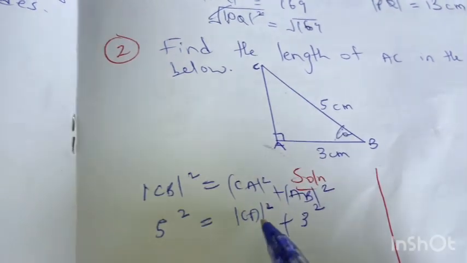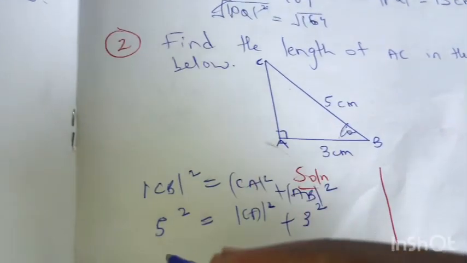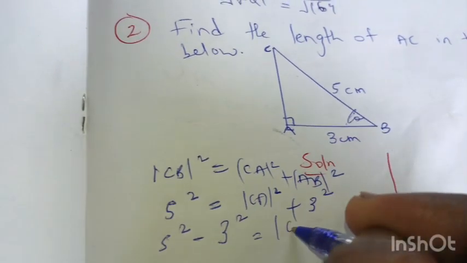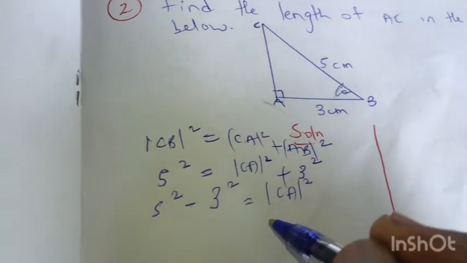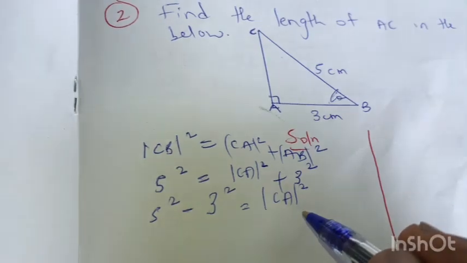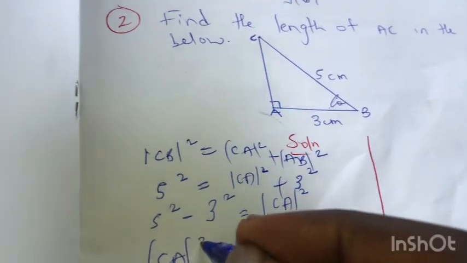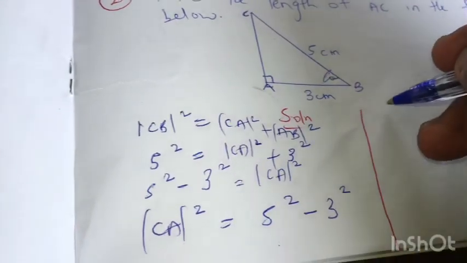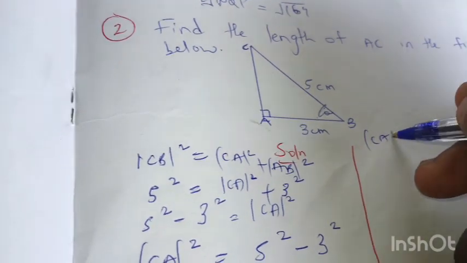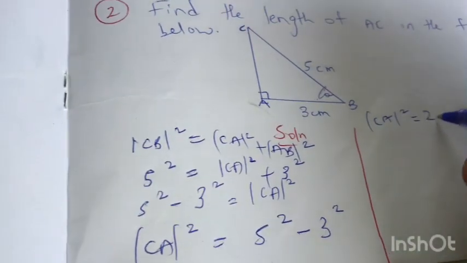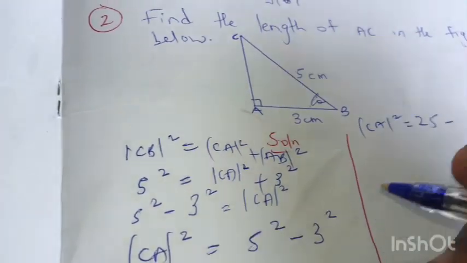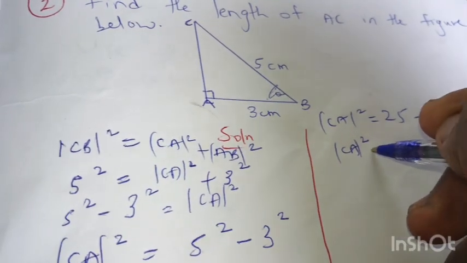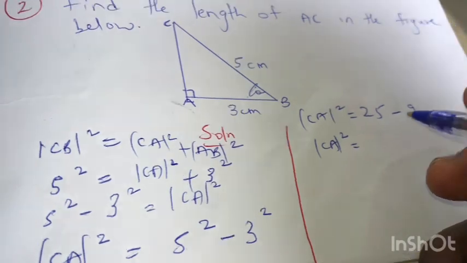Now how do I make CA stand alone? I have to bring this one to the other side. So I have 5 squared minus 3 squared equal to CA squared. So CA squared equals 5 squared minus 3 squared, which is 25 minus 9, and that's 16.